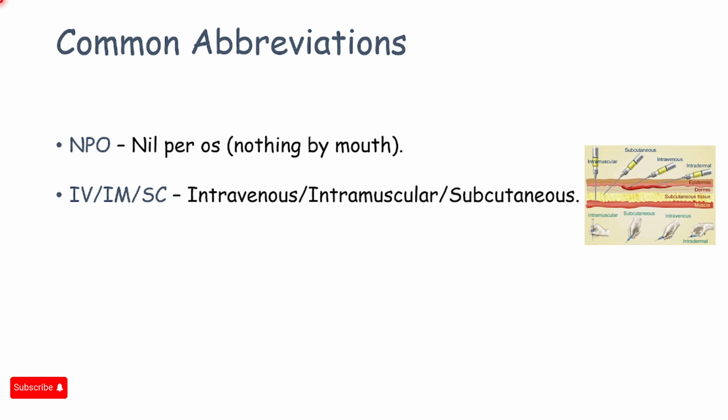So IV means intravenous injection, IM means intramuscular injection, SC means subcutaneous injection. So this is intramuscular, this is subcutaneous. Under skin is called subcutaneous. Intravenous means push in vein. Intradermal means when needle inserted into the skin layer.